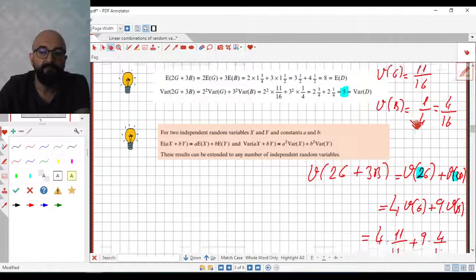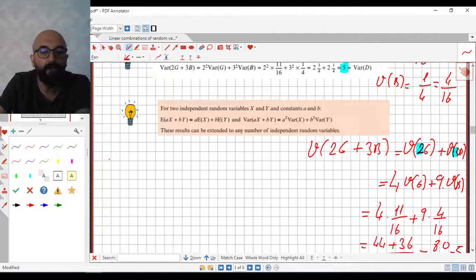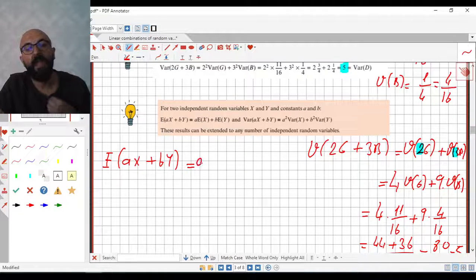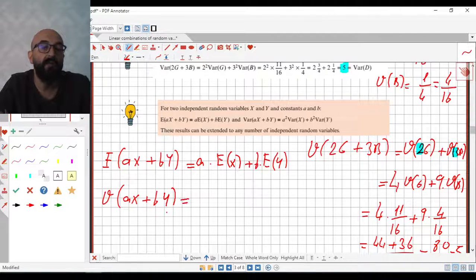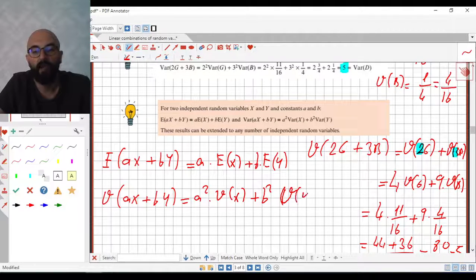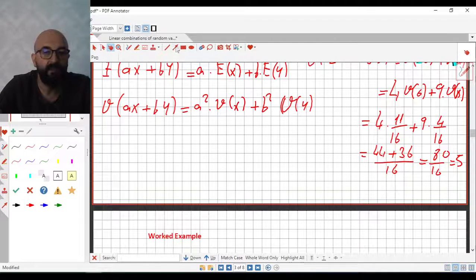So if we want to figure out the expected value of aX plus bY, it should be a multiplied by the expected value of X plus b multiplied by the expected value of Y. But if you want to figure out the variance of aX plus bY, you should figure out a squared times the variance of X plus b squared times the variance of Y. Let's make some examples and practice.